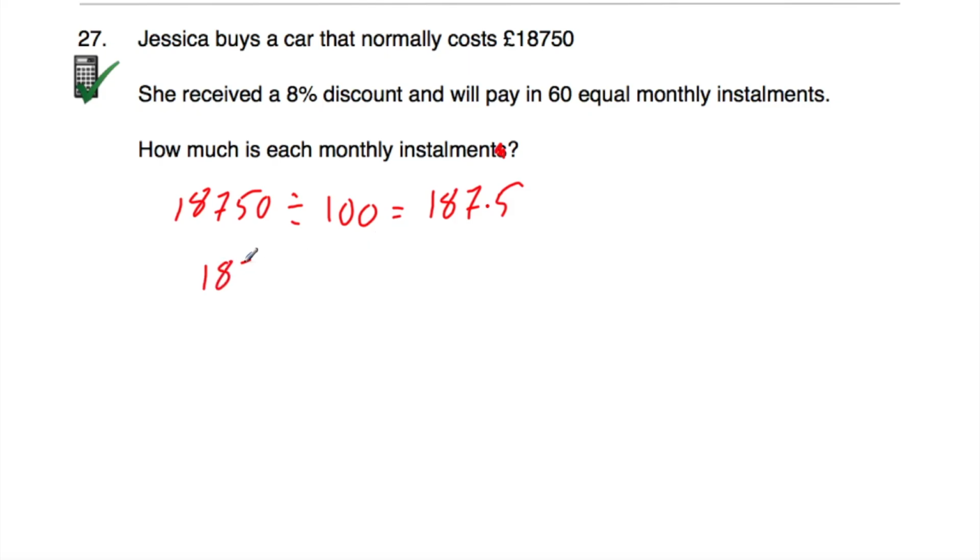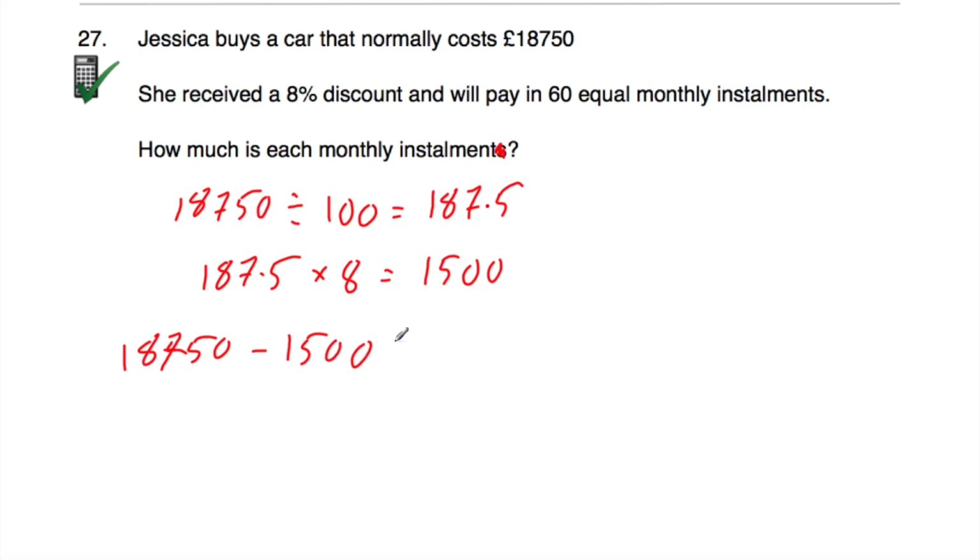We're now going to multiply that by 8 to find 8%, and that's equal to £1,500. So that's the discount. So instead of paying £18,750, she's going to take away £1,500. 18,750 take away 1,500 is equal to £17,250. So that's how much Jessica needs to pay for the car.